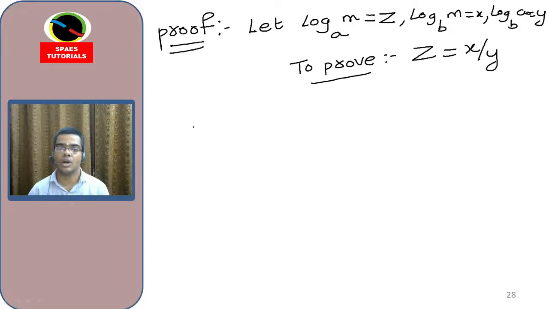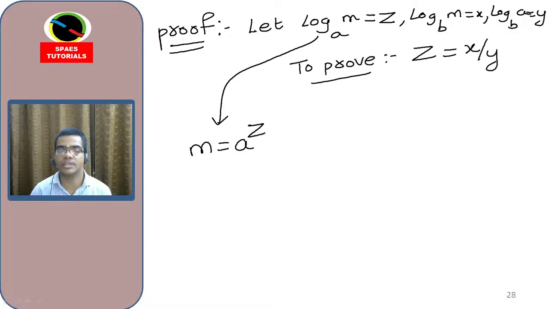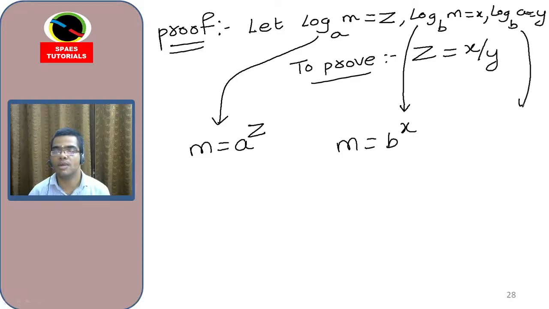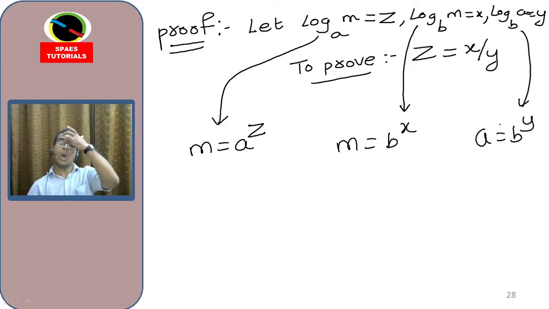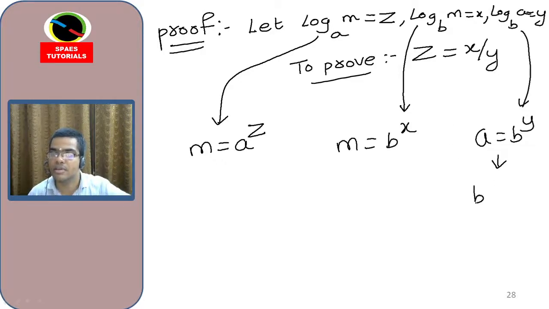Now from these equations, we get m is equal to a power z, m is equal to b power x, and a is equal to b power y. So from this equation, b is going to become a power 1 by y. I substitute that in this equation.